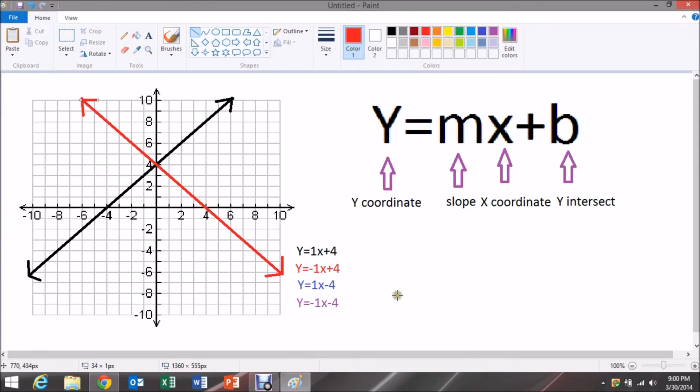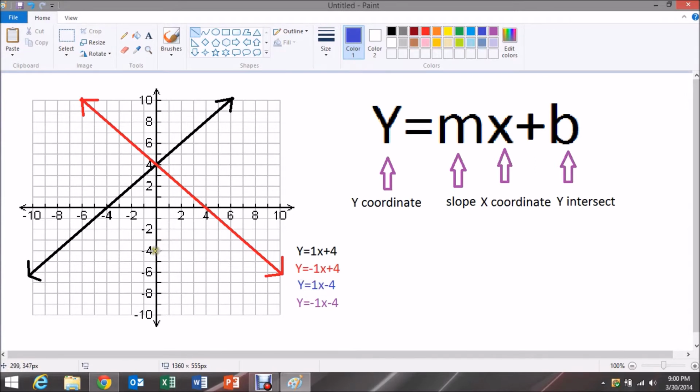Our next one is 1x minus 4. So for this one, our y-intercept is now a negative 4, which on the y-axis is down here. But again, as you notice, we are rising 1, running 1.